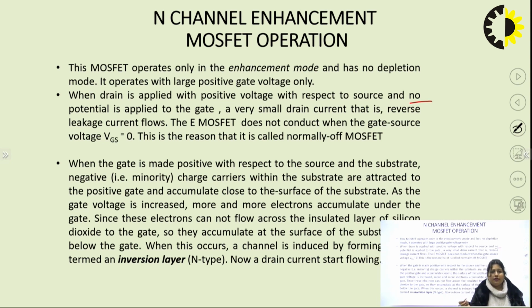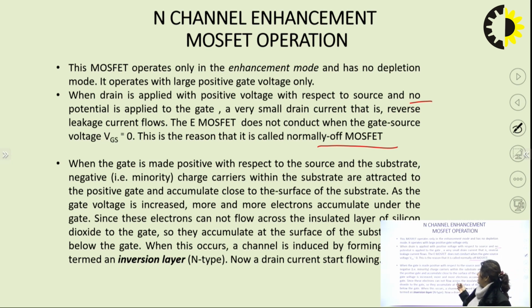A very small drain current will flow through the MOSFET, which is called the leakage current or the evanescent current. So the E-MOSFET does not conduct whenever VGS has the value 0. This region is normally called the off MOSFET. So whenever no VGS, or gate source voltage, is applied, the enhancement type MOSFET is called an off MOSFET.